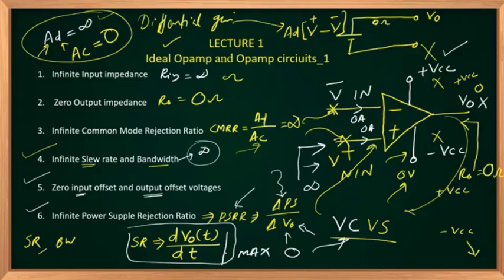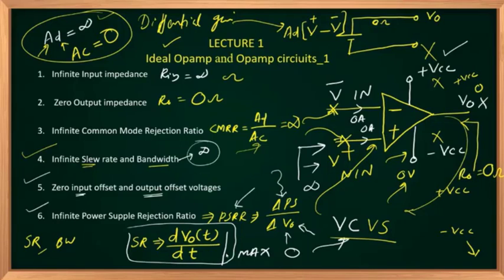There should not be ideally any change if your power supplies are fluctuating. Output should be constant. That should be based on V1 and V2 or V plus and V minus and the gain of the op amp. So it should not depend on the power supply fluctuations.